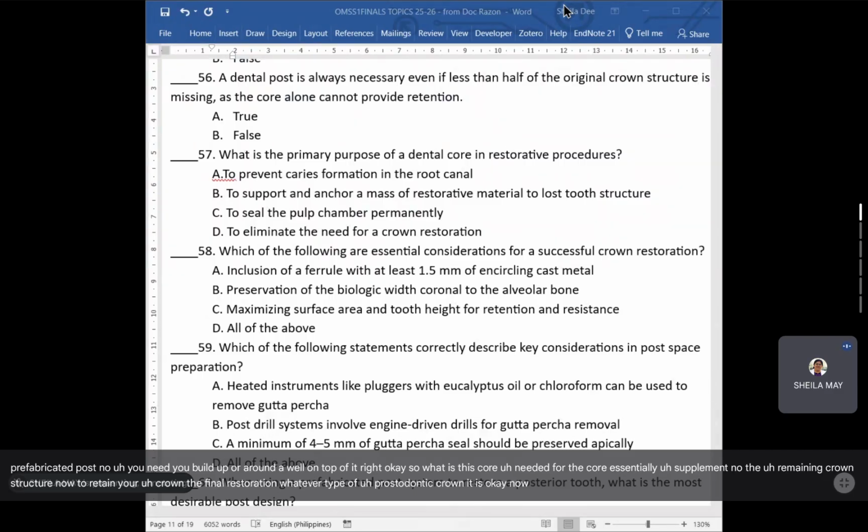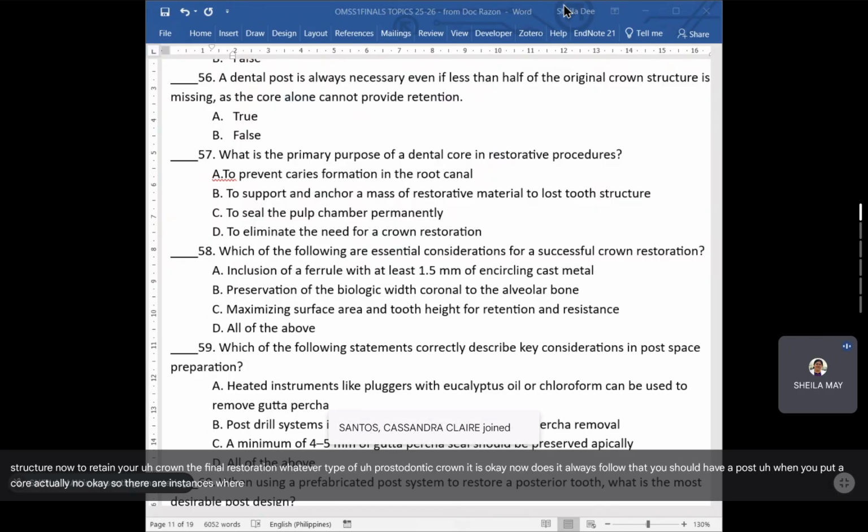Now, does it always follow that you should have a post when you put a core? Actually, no. There are instances wherein a post is not necessary. You just need to build up a core.